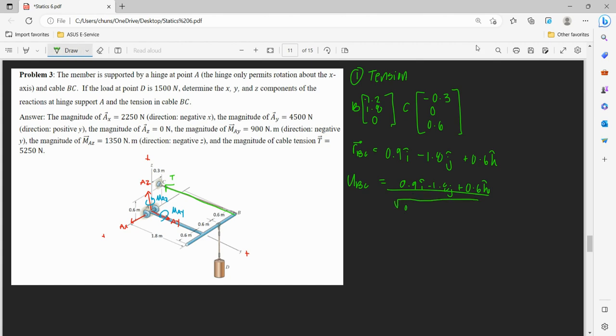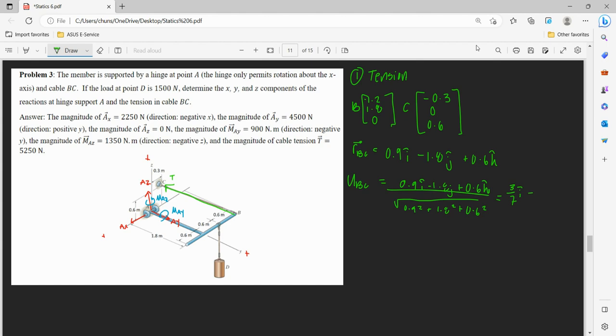the square root of 0.9 squared plus 1.8 squared plus 0.6 squared. And this is 2.1, so 0.9 divided by 2.1 is 3 over 7.